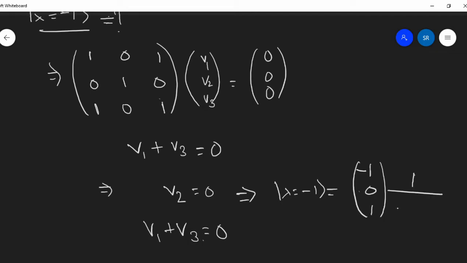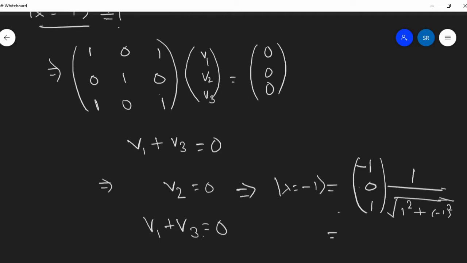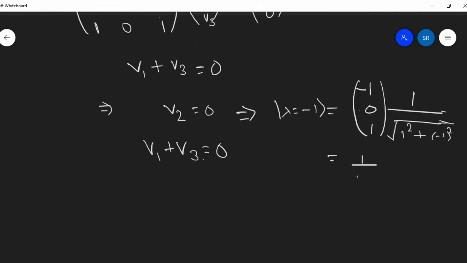And this gives us 1 squared plus -1 squared equals to 1 by root 2 and -1, 0, 1. Done. Voila.